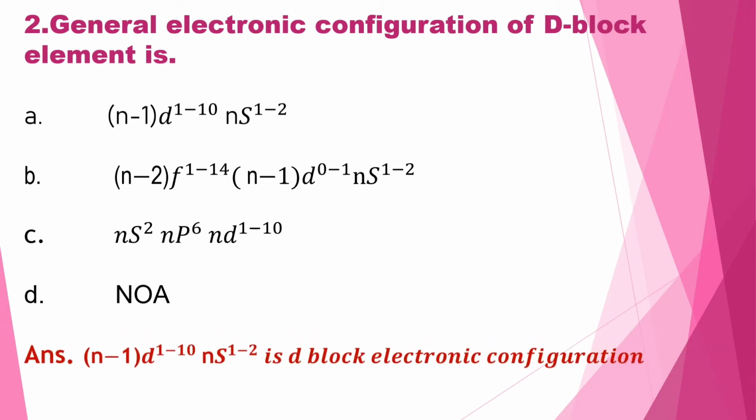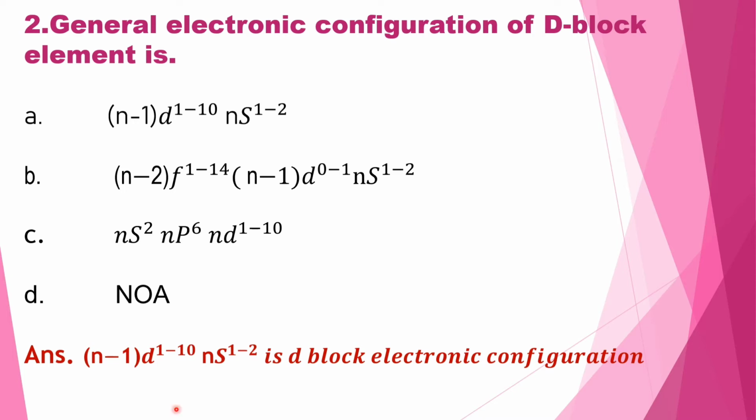The general electronic configuration of d block elements is (n-1)d 1 to 10, ns 1 to 2. So the correct option is A.